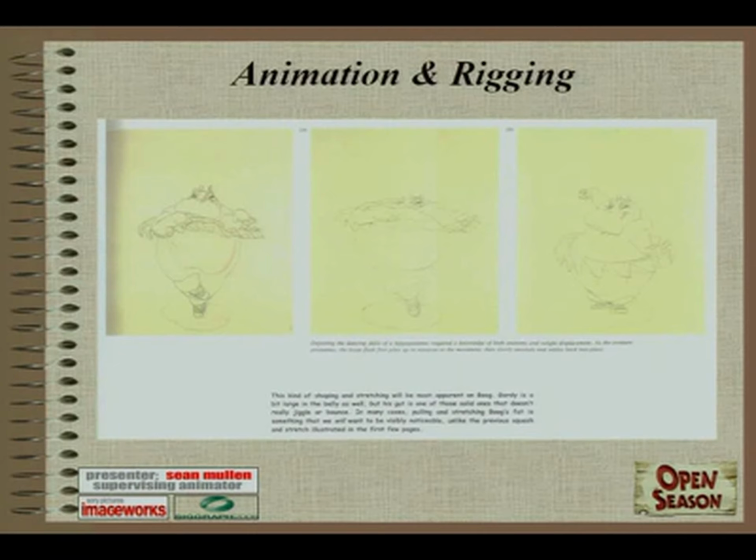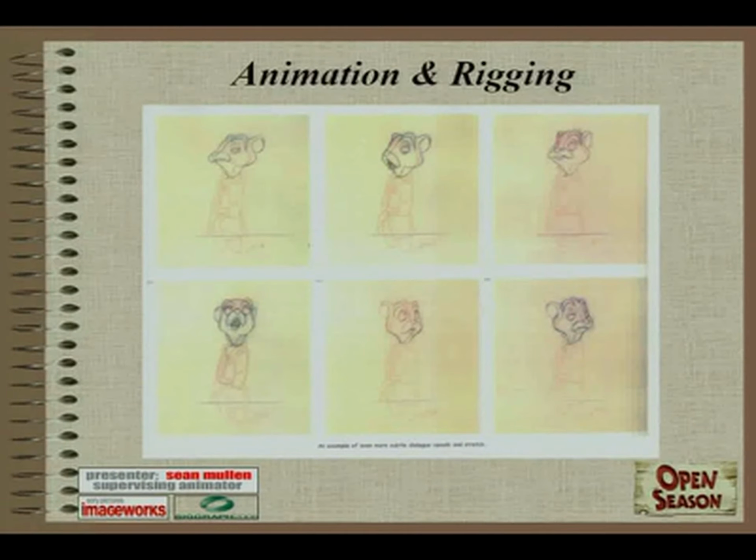Boog the bear presented us with the specific fat issues I was already talking about, but he's also got a big gut. So we had to build controls to do these sorts of things, where we have a lot of overshooting of fat when he's moving around, even specific butt fat controls, which was good fun for all of us.